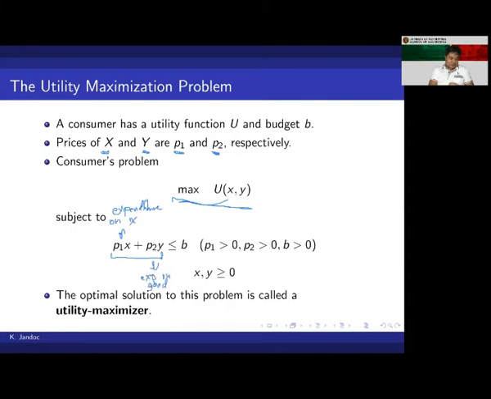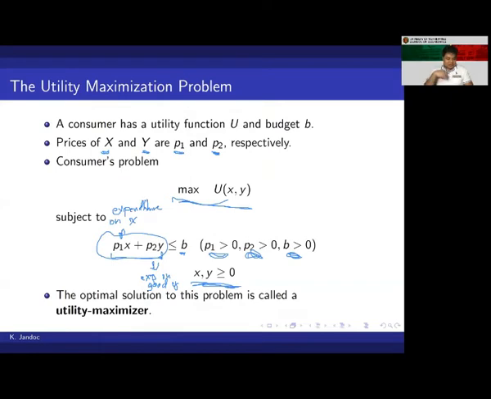So the total expenditure should be less than or equal to the person's budget, or his income, or his allowance. We assume that prices are positive and the budget is also positive. And here we have an explicit non-negativity constraint, which says that negative consumption is disallowed.